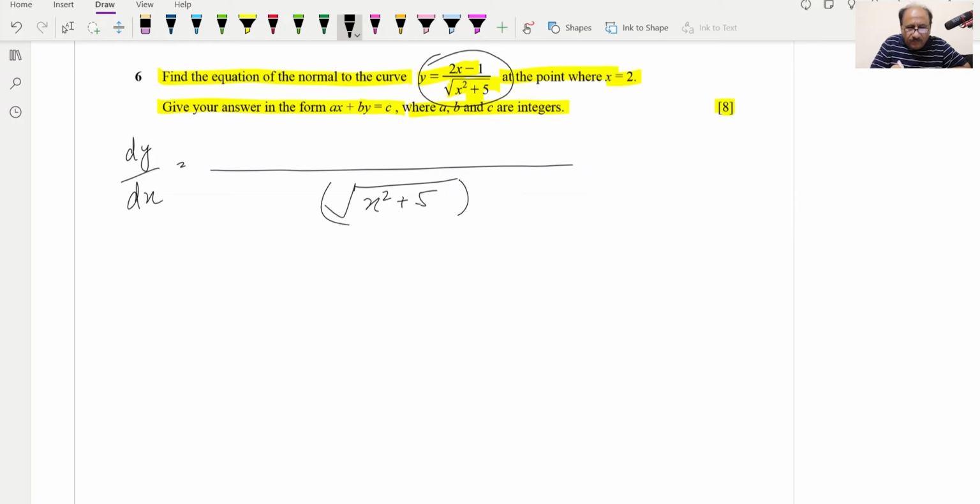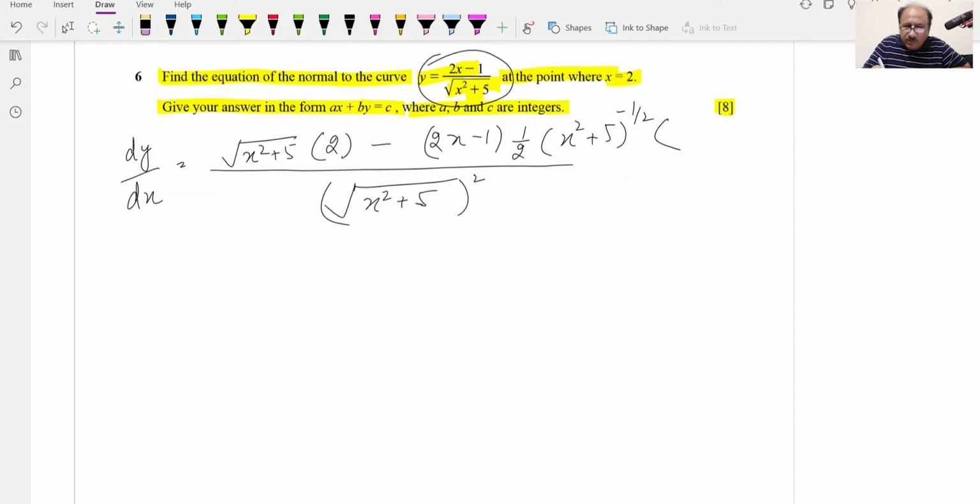So the square of this we can write like this, and in the numerator, as it is, x square plus 5, and the derivative of the upper function, 2x minus 1, will be 2, minus (2x minus 1) as it is, and the derivative of the denominator, which is 1 by 2 into (x square plus 5) whole raised to minus 1 by 2, into the derivative of x square, which will be 2x, so we can write 2x. Hopefully you are comfortable with the differentiation, and it's a straightforward u over v formula.